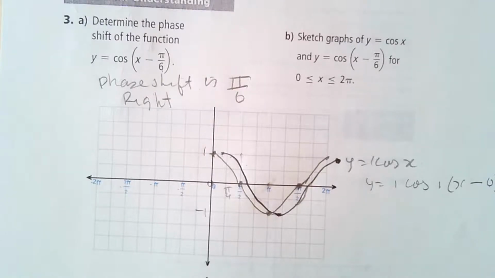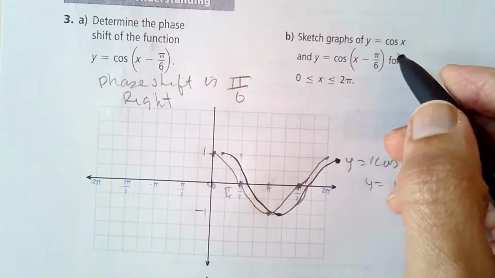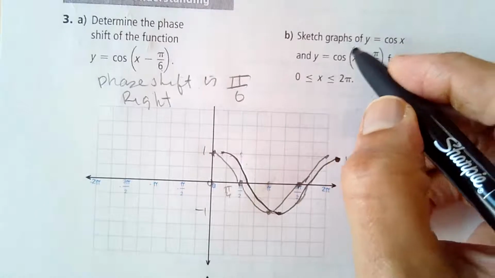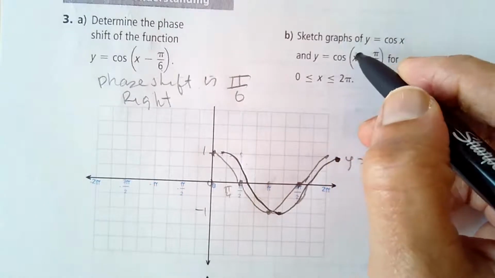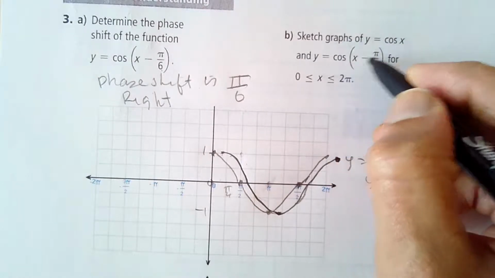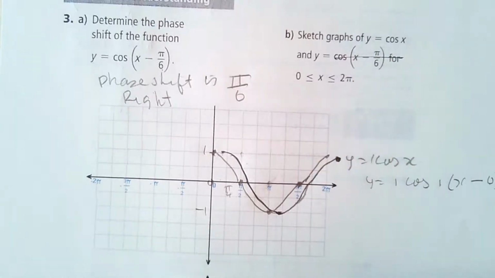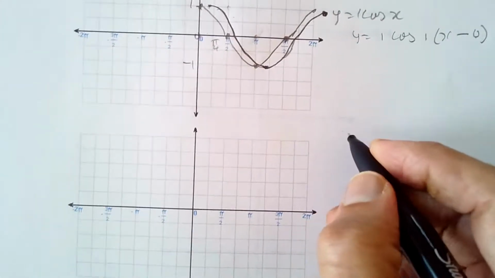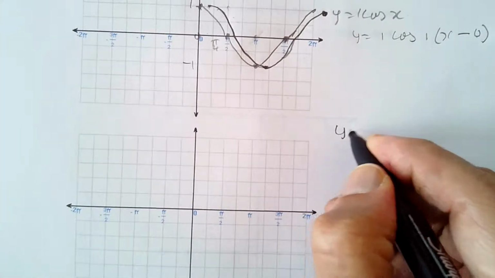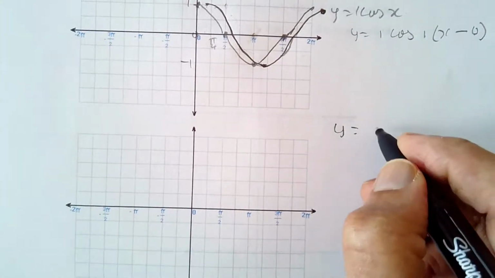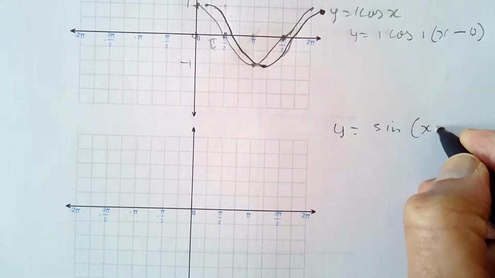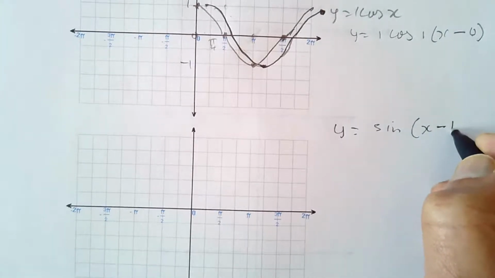Now, if you were to do a sine function, let's do a different one. Even though it said cos there, it's a repetition. Let's say we have y is equal to sine of x minus pi.